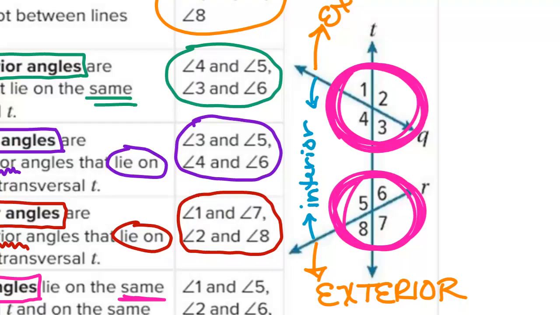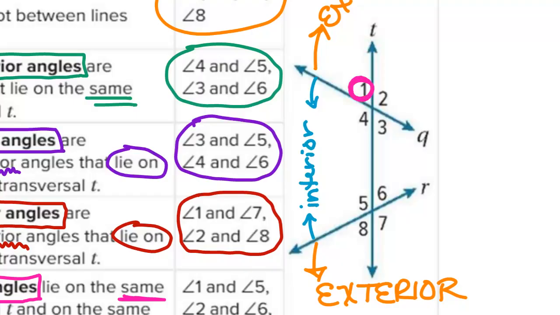My corresponding angles have to be in the matching corners. So angle 1 is in the upper left corner. When I go to the other intersection, what's in the upper left corner? 5. Angle 1 and angle 5 are corresponding angles. Upper left, upper left.